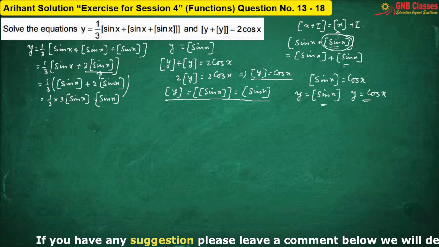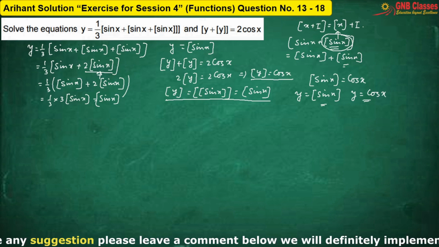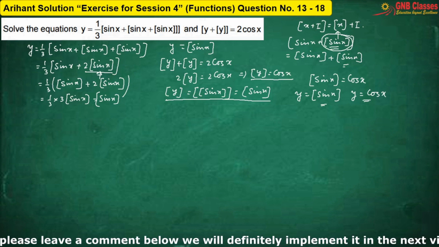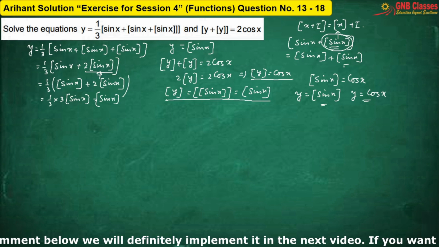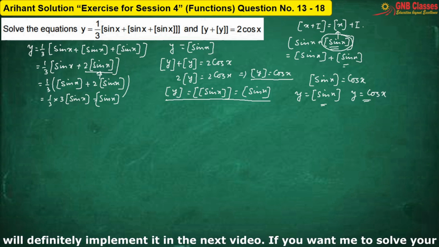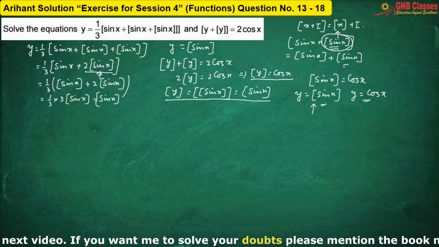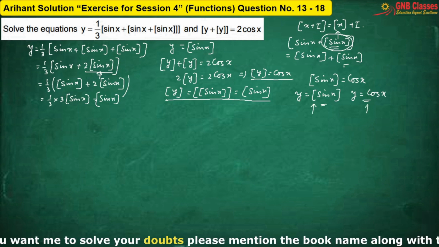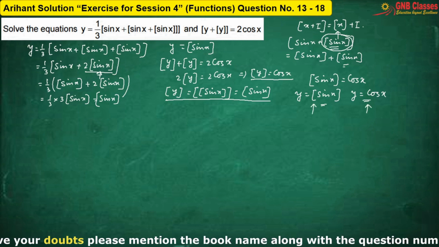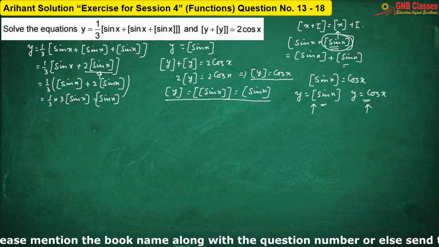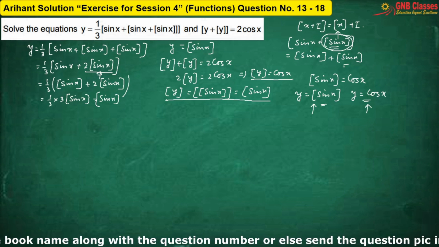Now the points where these two graphs will intersect each other will be the solution for this equation. So first of all, on the same graph paper, we have to draw the graph of y equals [sin x] and y equals cos x, and there we will find out at what points they are intersecting. Is it clear?